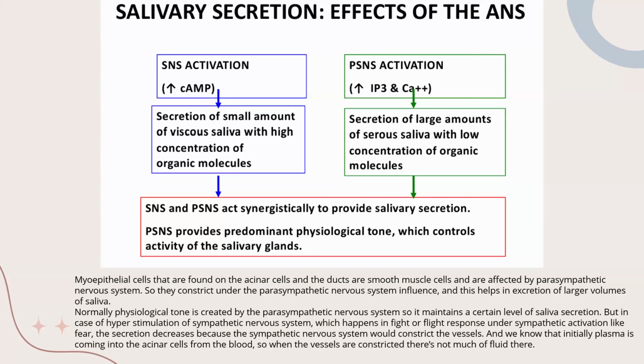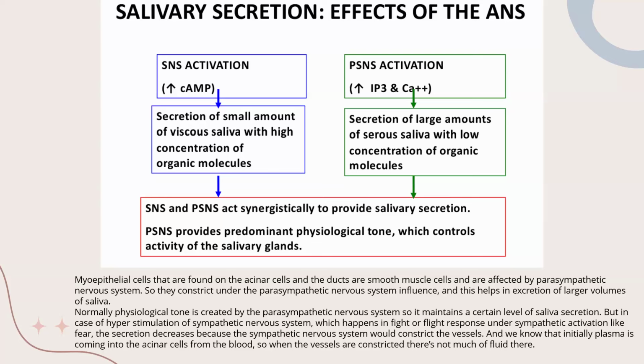But in case of hyperstimulation of sympathetic nervous system, which can happen in fight or flight response, like fear, the secretion decreases because the sympathetic nervous system would constrict the vessels, which happens under the sympathetic activation. As we know, sympathetic nervous system causes vessels to constrict. So when the vessels constrict, less saliva will be secreted because initially plasma is coming into the acinar cells from the blood.